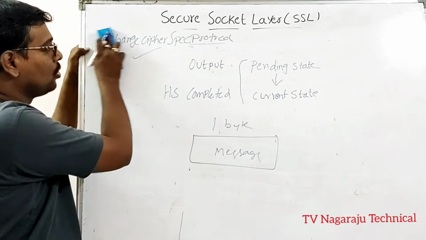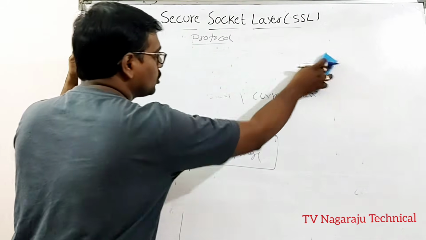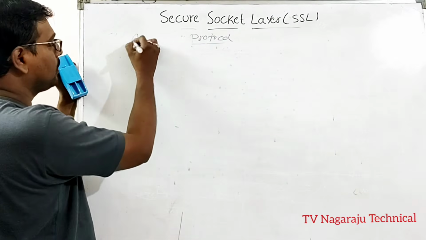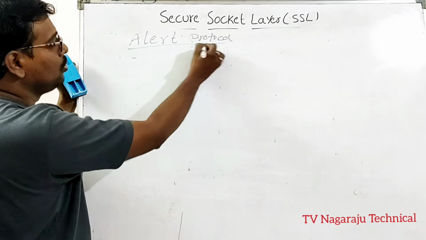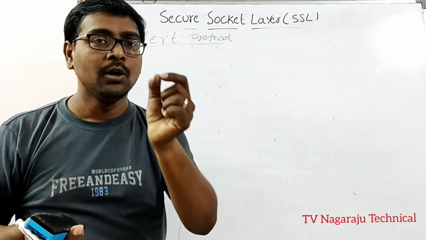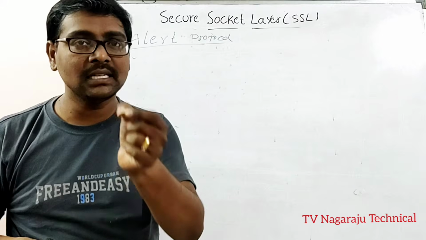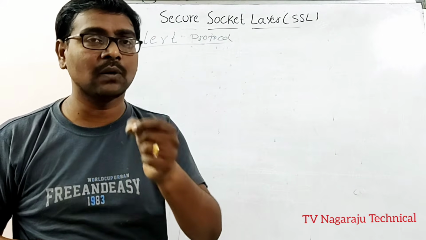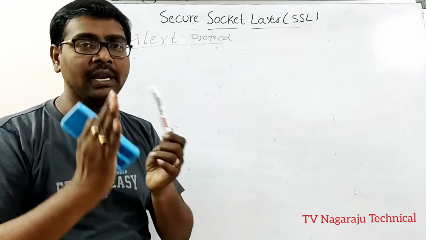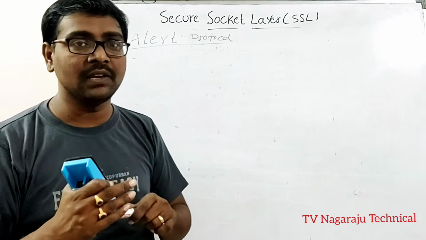Okay. Now move to the last protocol, that is the alert protocol. You know the meaning of alert. The alert protocol is simply to convey some messages between the client and server, or for a simple example, to convey messages between sender and receiver.